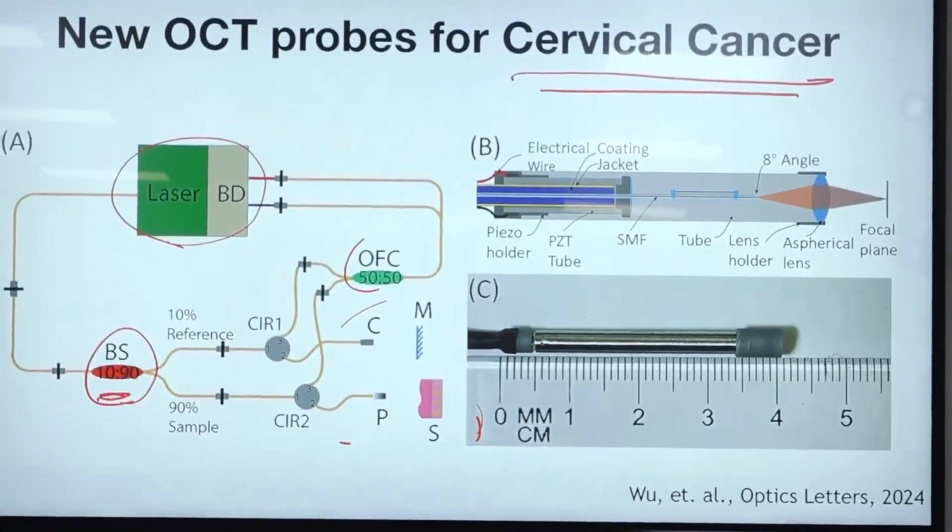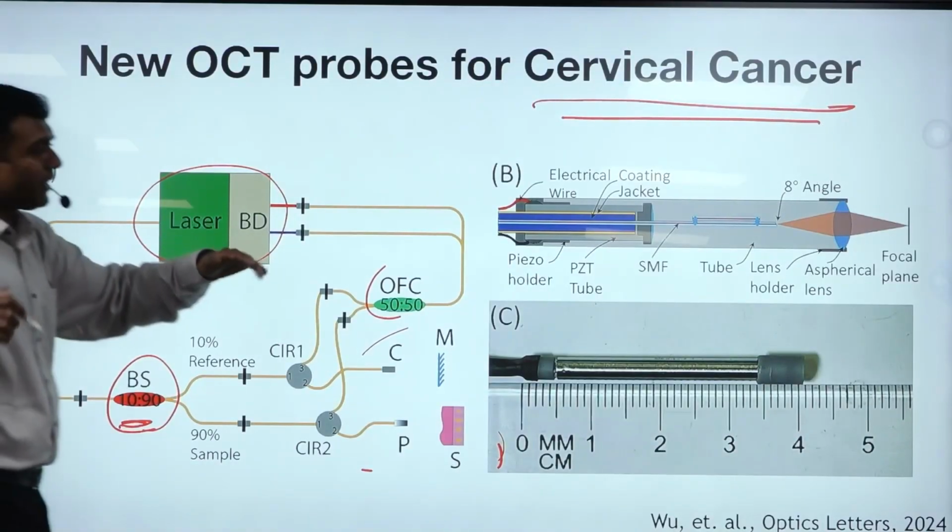So this way, if you apply voltage, the resonance will be only along the y-axis, therefore it will be a perfect straight line. Then if you apply a different voltage along the x-axis, because it will be resonant at a different frequency, it will also create a perfect straight line.